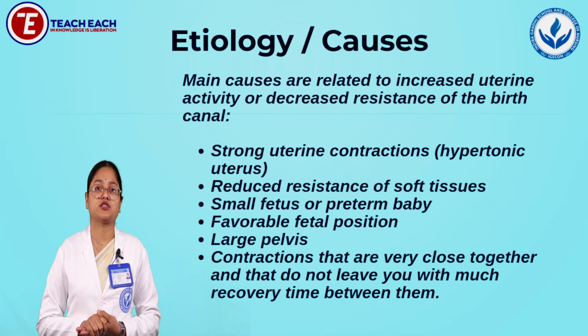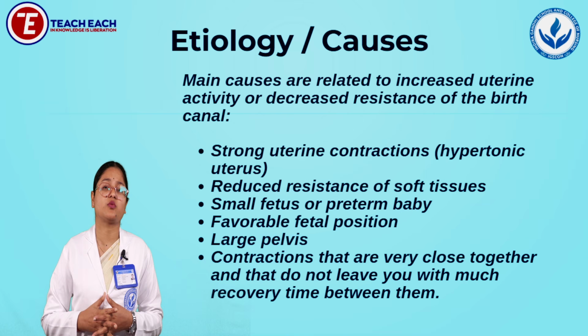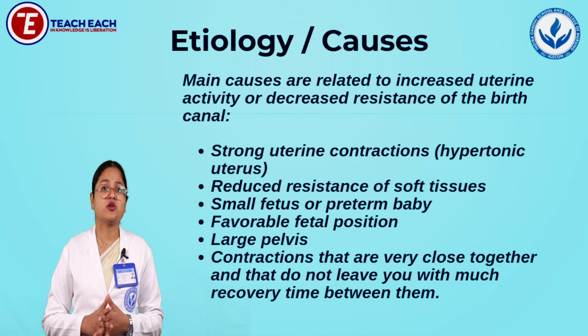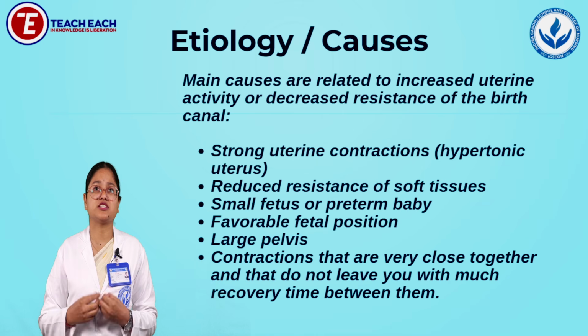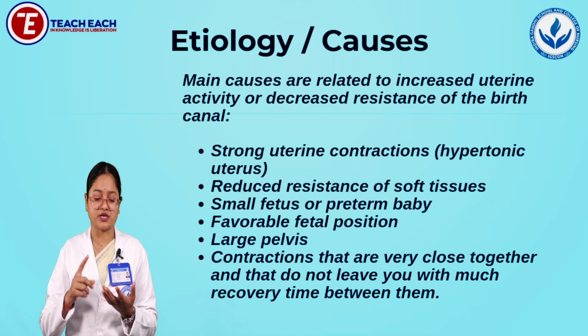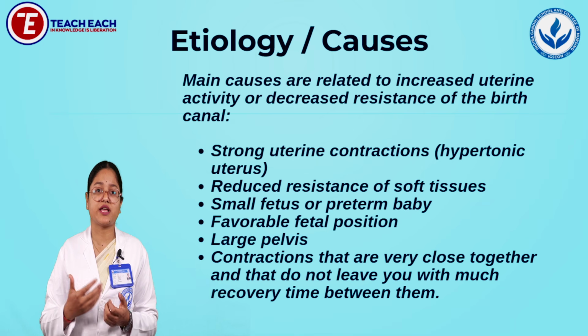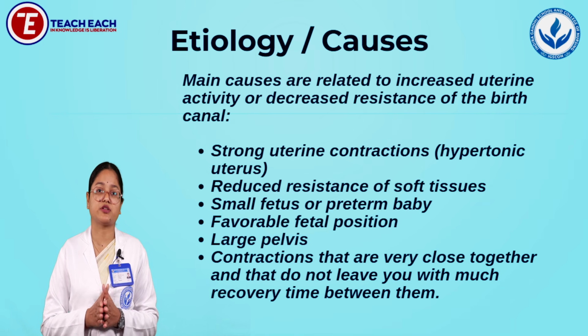The etiology, or causes: what are the exact causes, or what combination of causes lead to this condition? The main causes are related to the structure, the muscle structure and the activities, and will be different for each mother.